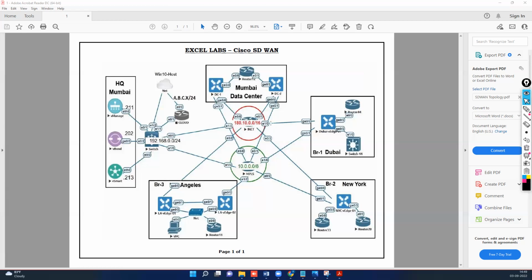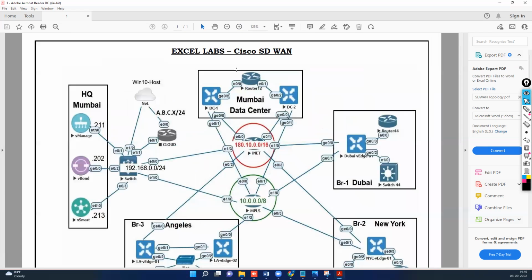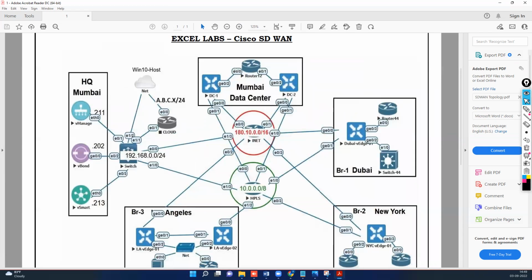For the internet, the IP addressing which I use is public IP addressing, because if you have an internet connection, naturally your outside interface will get a public IP.